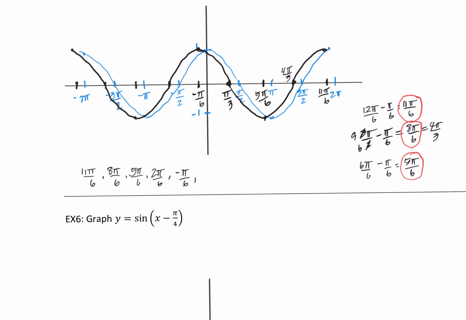And if we continue with this idea of 3, it would be negative 3 pi over 6. Oops, sorry, it's not negative 3. I'm subtracting 3.